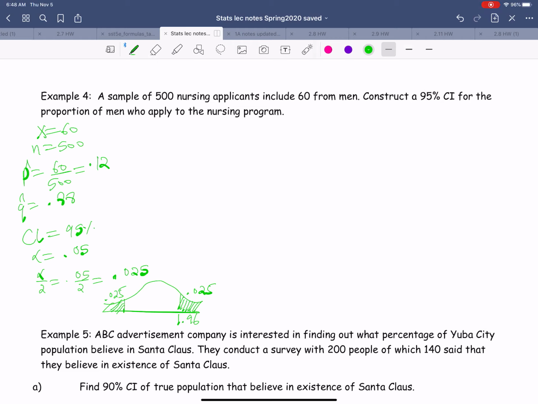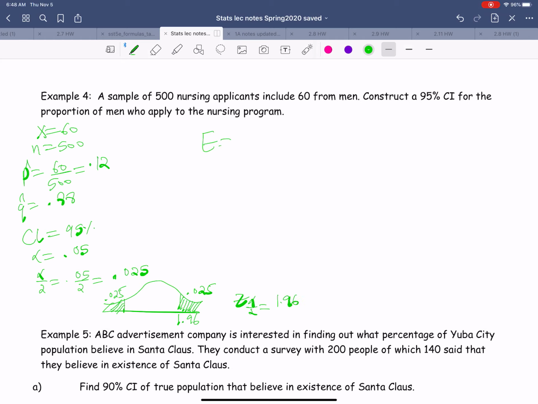So 1.96 is the z-score that has 0.025 area to its right. If you're reading the table, you might have to use symmetry, or you might have to think about, if 0.025 area to the right, how much is area to the left. Okay, so that's my z alpha over 2. We have z alpha over 2 is 1.96.